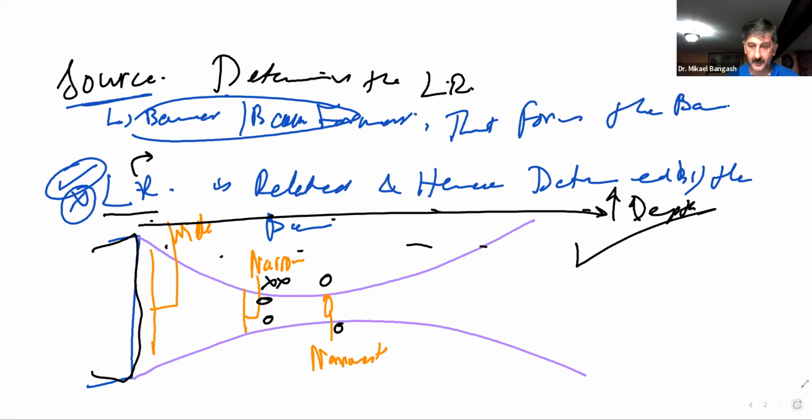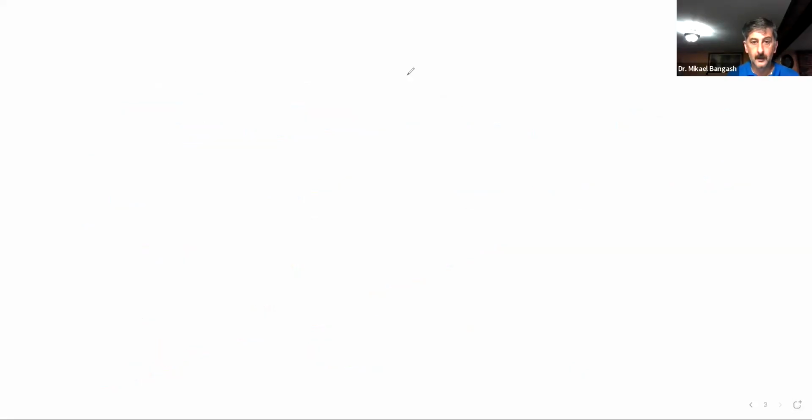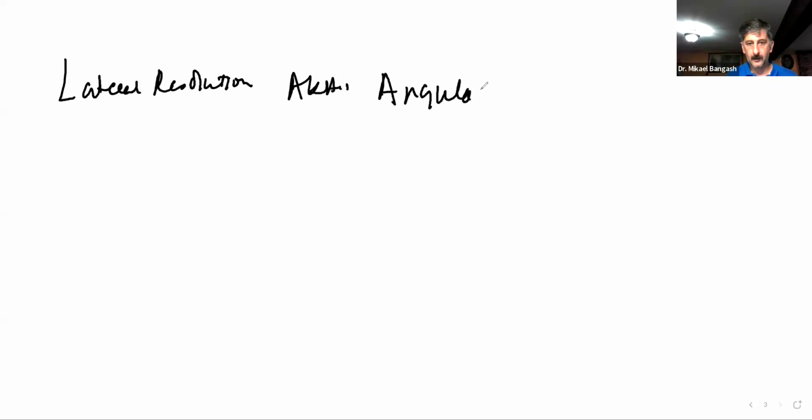Now, the synonyms, ladies, of your lateral resolution. Your lateral resolution can also be known as angular resolution. It can also be known as transverse resolution.